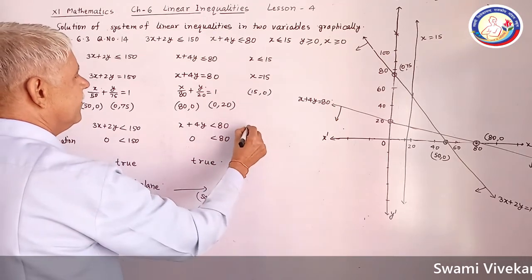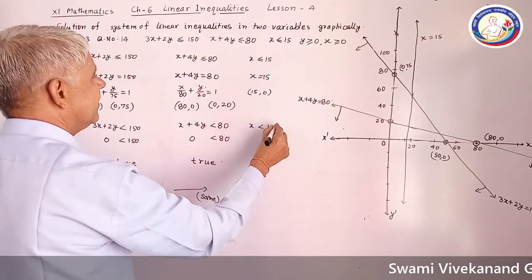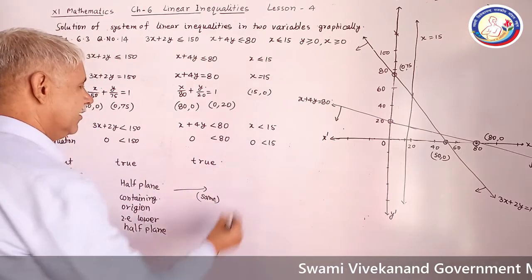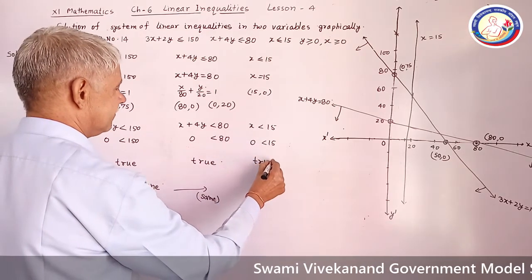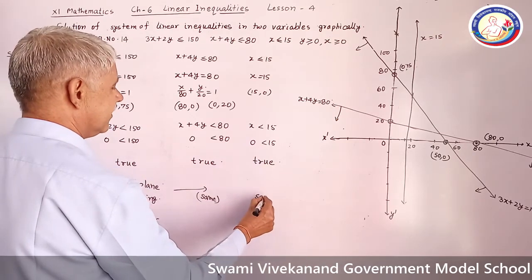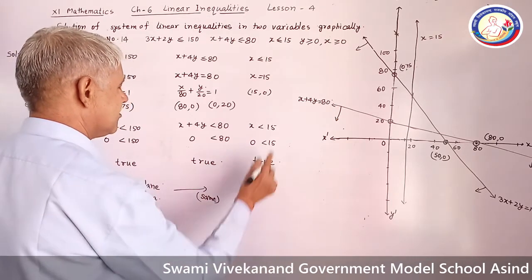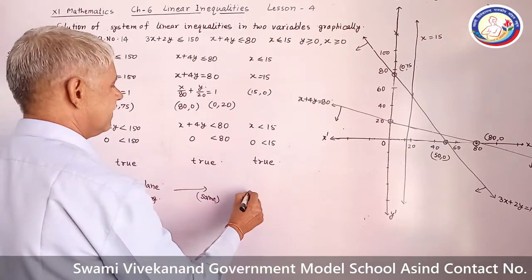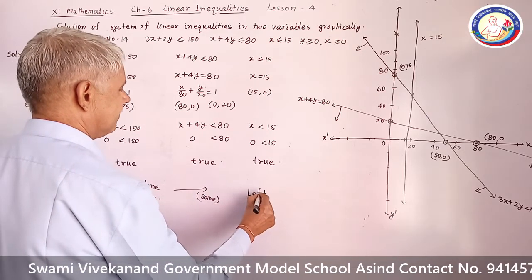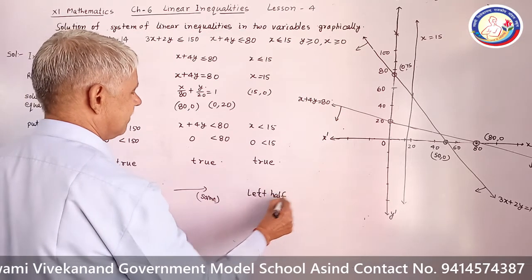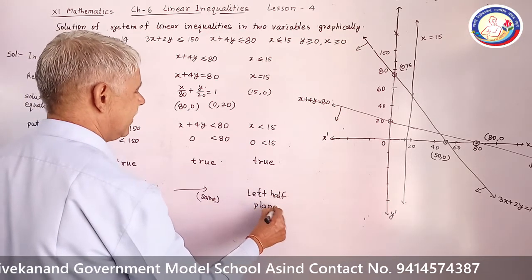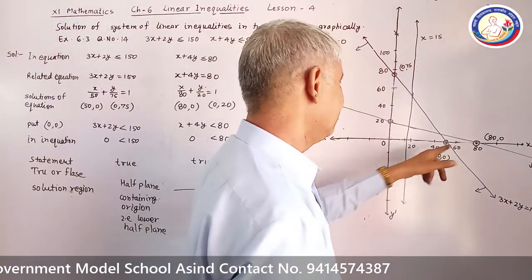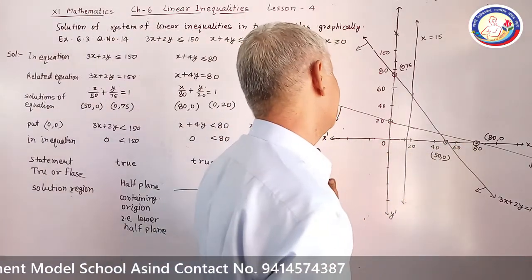Now, x is less than 15 is the inequation. If we put here 0, 0 is less than 15. It means it is also true. So the same will be the case. And here the solution will be the left half plane, because the line is parallel to the y-axis, so here we will use the right half plane and left half plane.